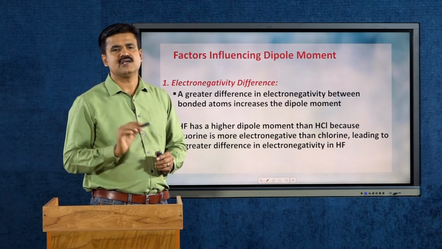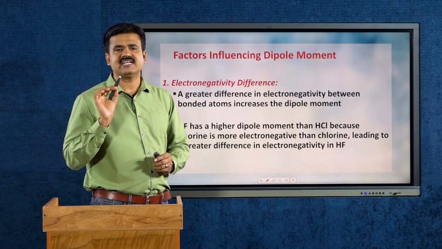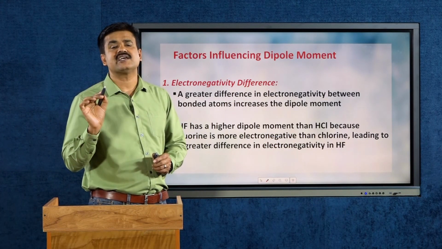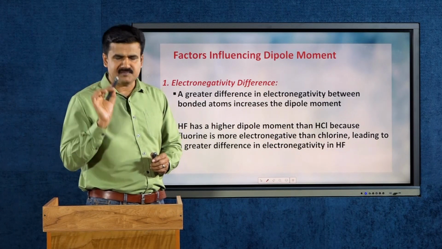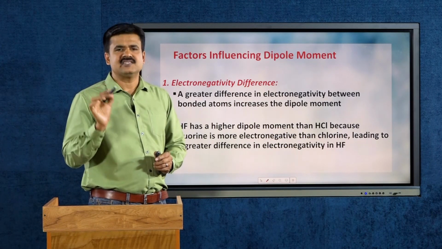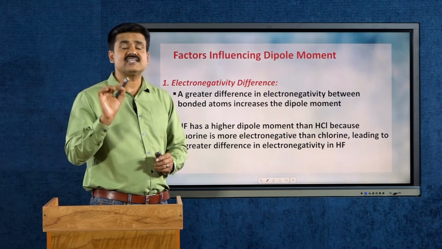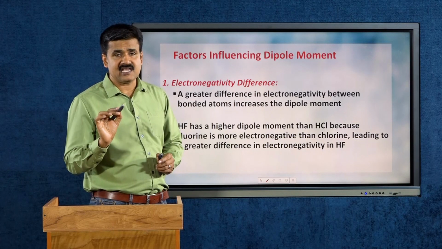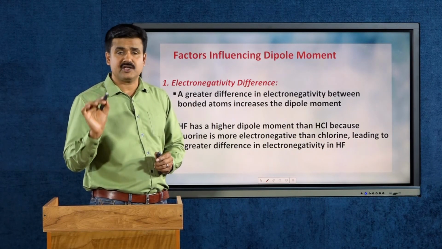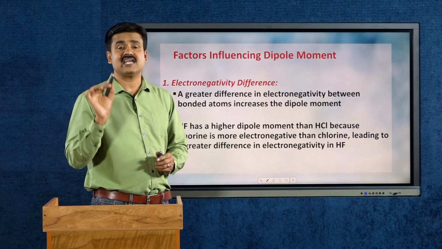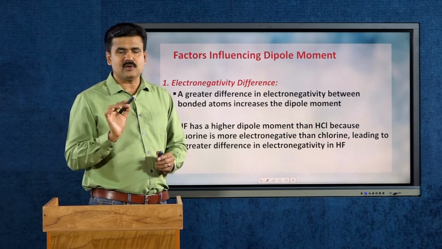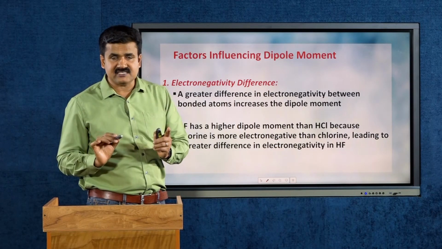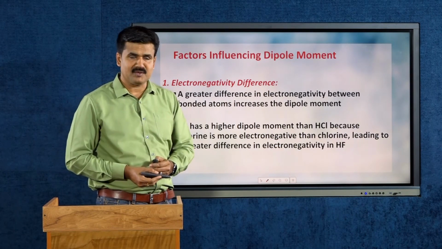This is because fluorine is more electronegative than chlorine, leading to a greater difference in electronegativity in HF. In HF, the participating atoms are hydrogen and fluorine, and their electronegativity difference is very high when compared with hydrogen and chlorine in the HCl molecule. So, the higher the electronegativity difference, the more the polarity and the more the dipole moment.